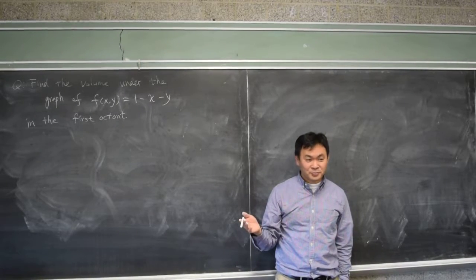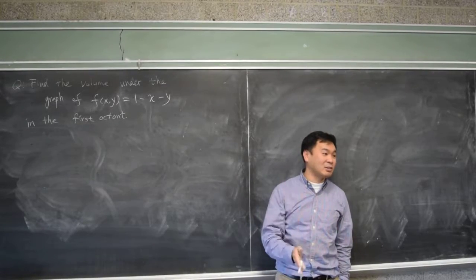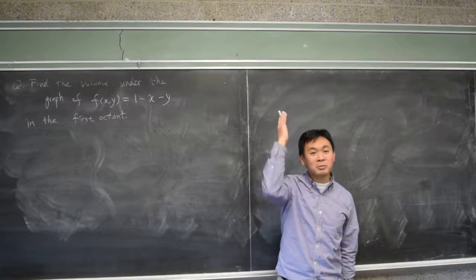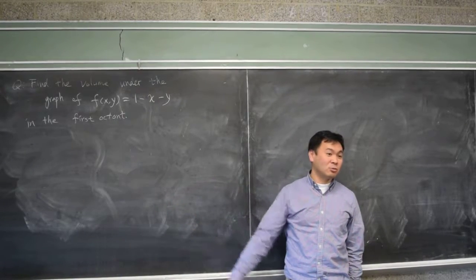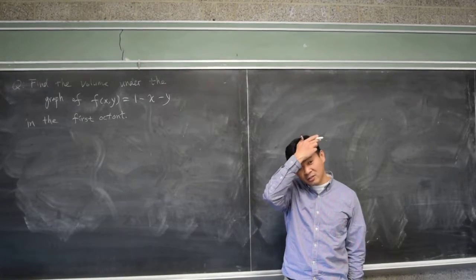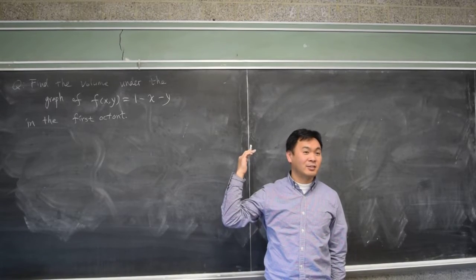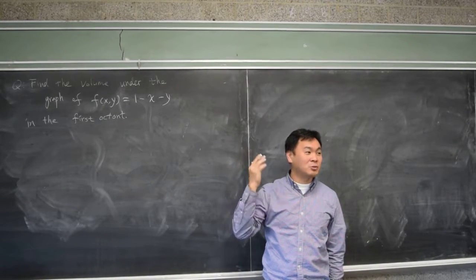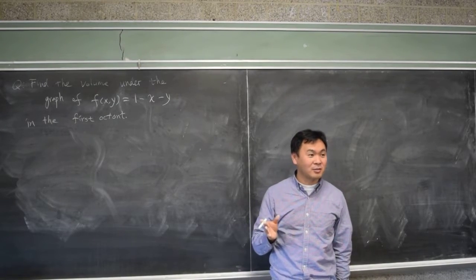The xy plane, yz plane, and xz plane divide the entire space into 8 different regions, and those are called octants. Of course, the first octant means the place where all the x, y, and z coordinates are positive. That's the first octant.